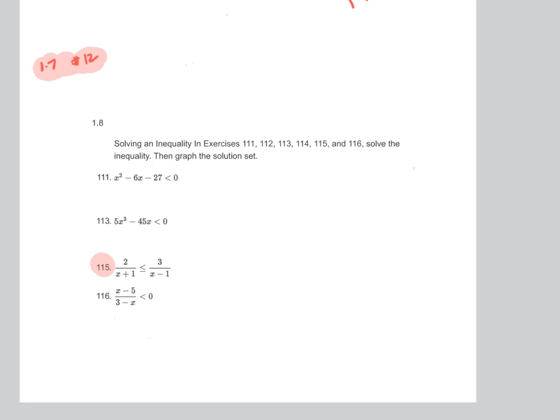Remember that you have to change, well, not 116 because it's not an or equal to, but remember for 115, the denominator, whatever that 0 is, gets a parentheses, not the bracket that it normally would get because it's in a less than or equal to, okay? So when you move that over, you combine your like terms, you do all that, the negative one and the positive one on number 115 are going to give you a parentheses and not a bracket.